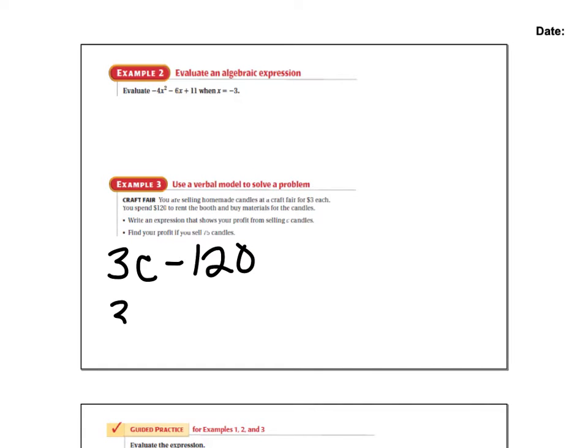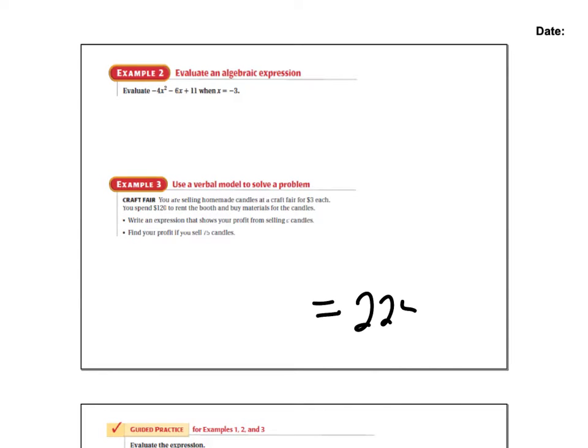I'm going to substitute in for C that 75. And then go ahead and subtract that. So 3 times 75 gives you 225. And from that you would subtract 120, which is going to leave you with $105 of profit.